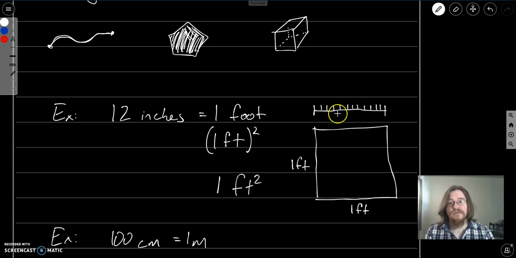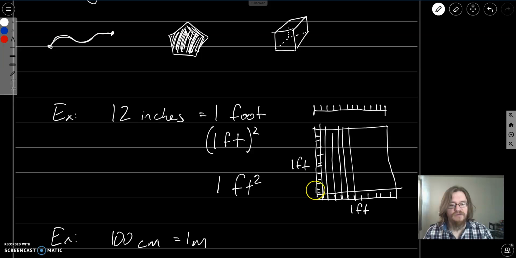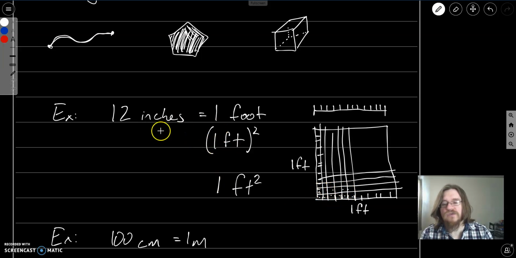But if we think about this in terms of inches, now we've got all of our inches on this side and all of our inches on this side, and if we start dividing this up, we can see that there are a lot of square inches in here. Without wanting to draw all these lines and count them all, there should be an easier way to see how many square inches are in here. We'll do the same thing.